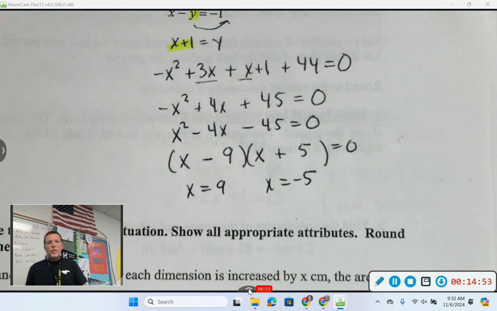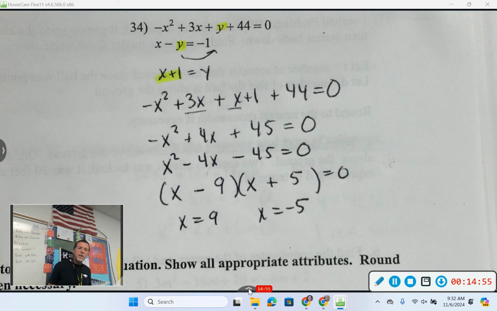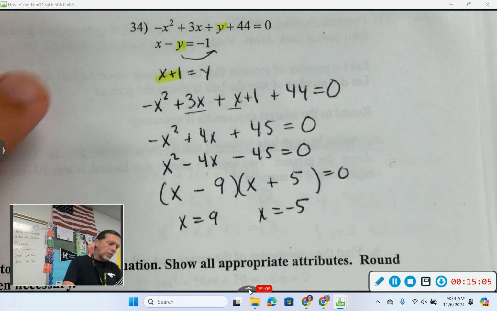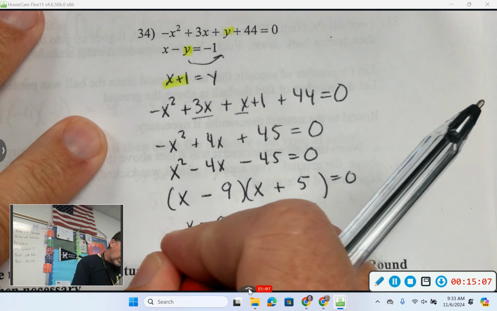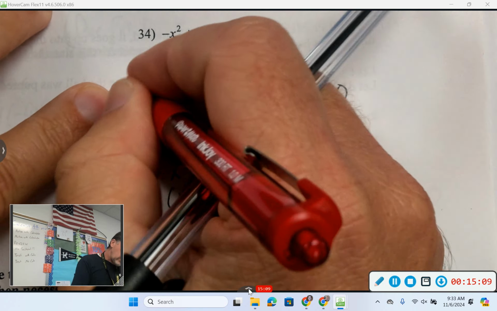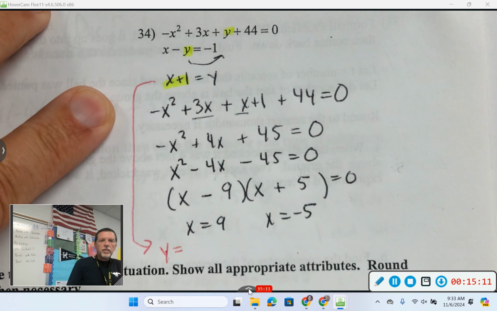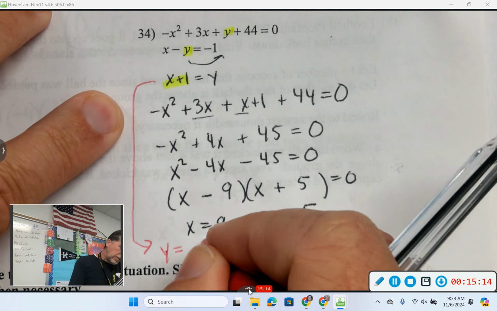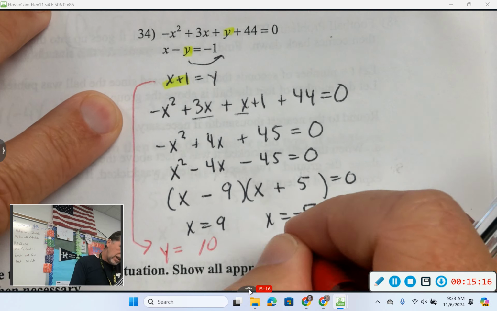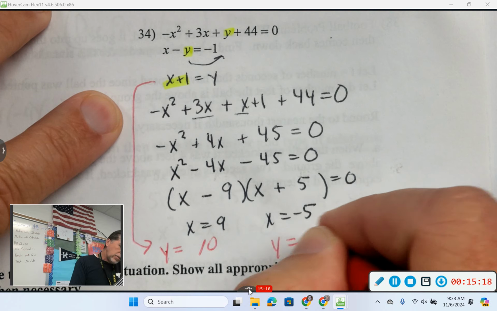Just be careful. It's tempting. Students will stop there, and they haven't done anything wrong, and I get it, they've done a whole lot of work, they got an x equals, a good answer, move on to the next one. Except that we're looking for x and y. So y equals x plus 1, 9 plus 1 would be 10, and negative 5 plus 1 would be negative 4.